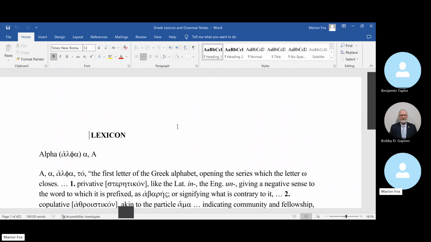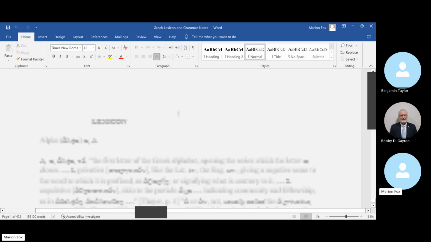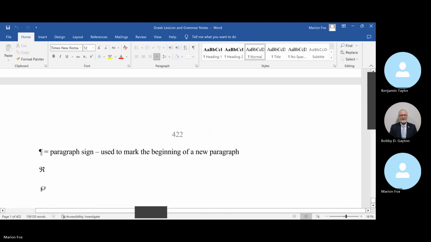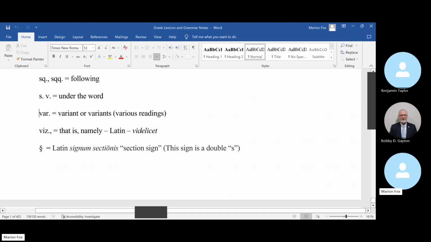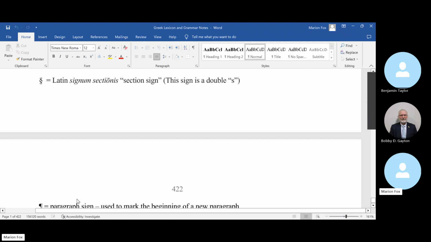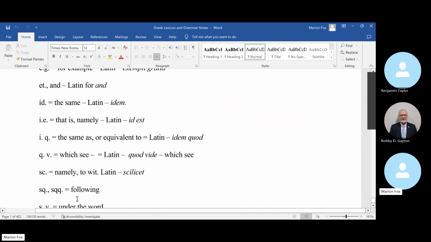The lexicons first, and then what happens if you go to the end of the file? What I've got here, let's go to the end. Control N. Let's go to the end. I hit the page down. I have 422 pages, I guess, of notes. I have some of the symbols that you use that are in these various books, and what they mean.